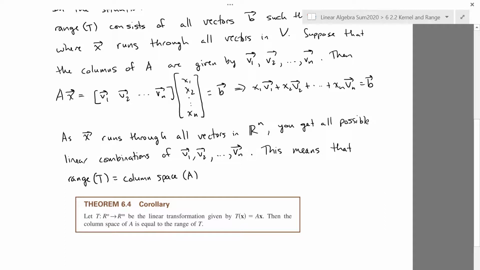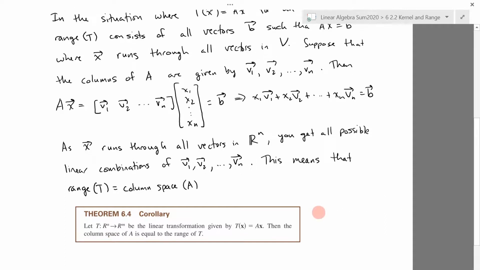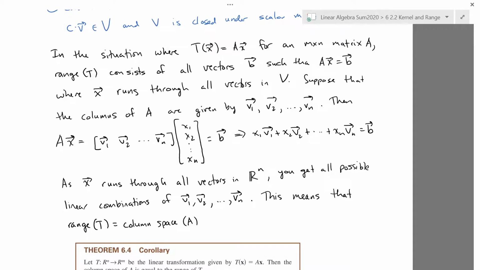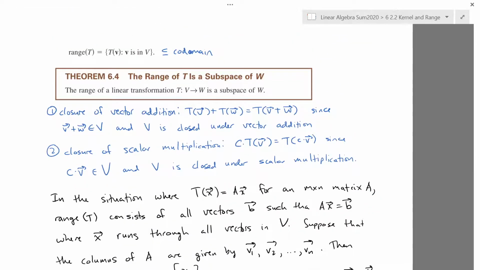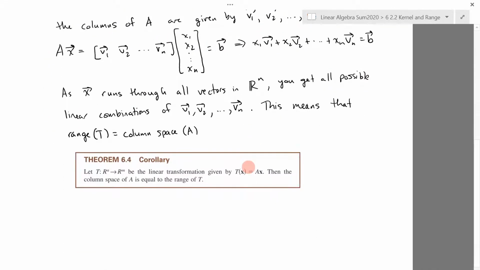In general, for general functions, it's not always so easy to figure out what the range of the function is. But in the case of linear transformations and vector spaces, because of this condition here, it's just the same as the column space, and we know how to calculate the column space.